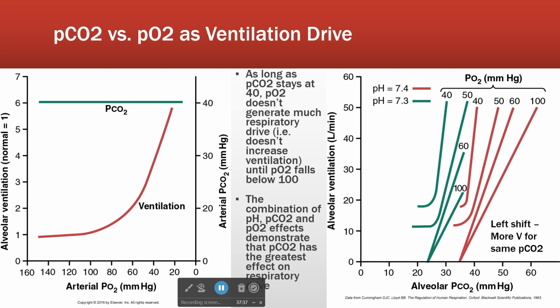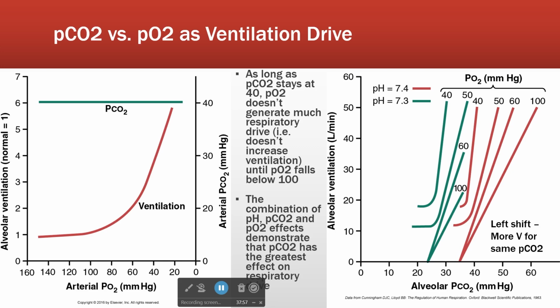Now, this one's a little more complicated because it's taking a bunch of different ideas and putting it into one graph. We still have alveolar ventilation, okay? So respiratory drive, respiratory rate and depth. We have alveolar PCO2 along the x-axis.